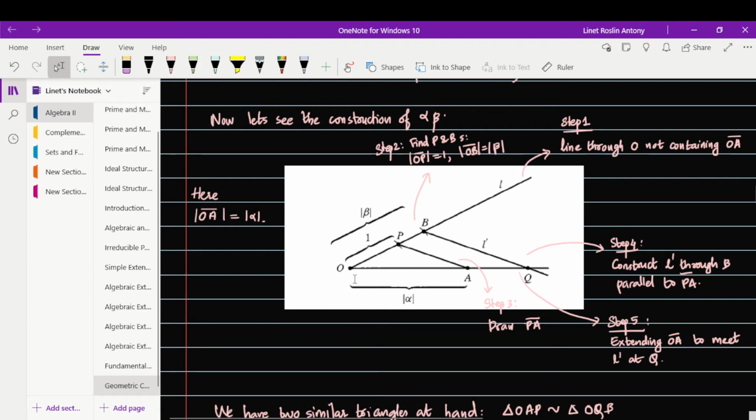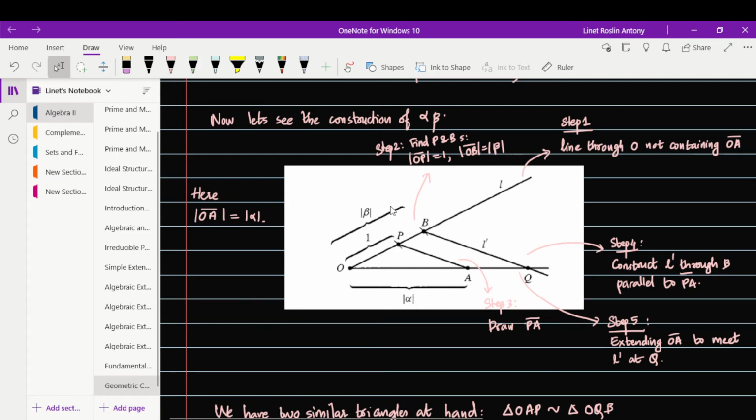You have already drawn OA, and the idea is to draw a line through O which does not contain OA bar. That line is called L. Step 2 is to find P and B on this line L such that OP bar is equal to unit length 1 and OB bar is equal to modulus of beta. That is our aim.